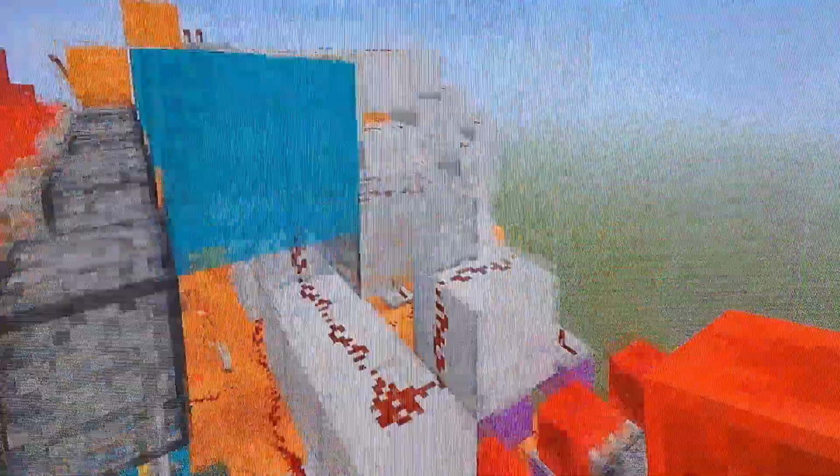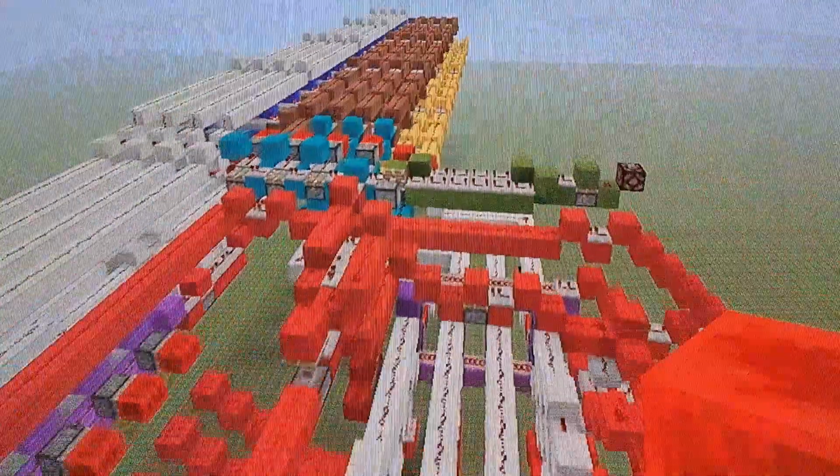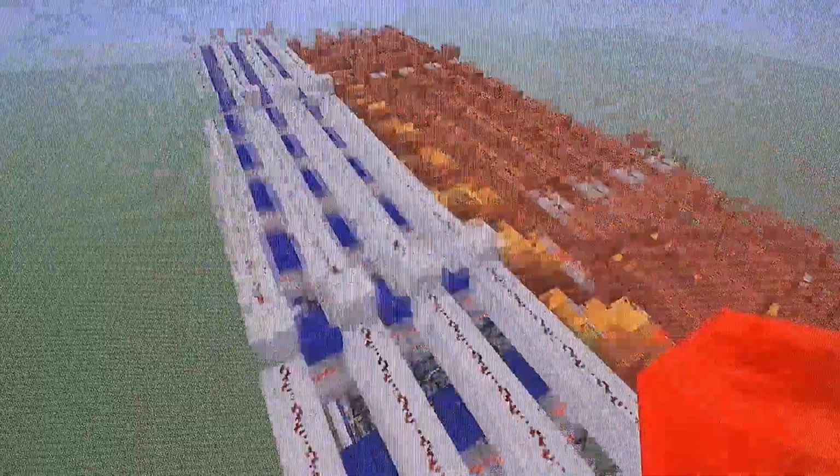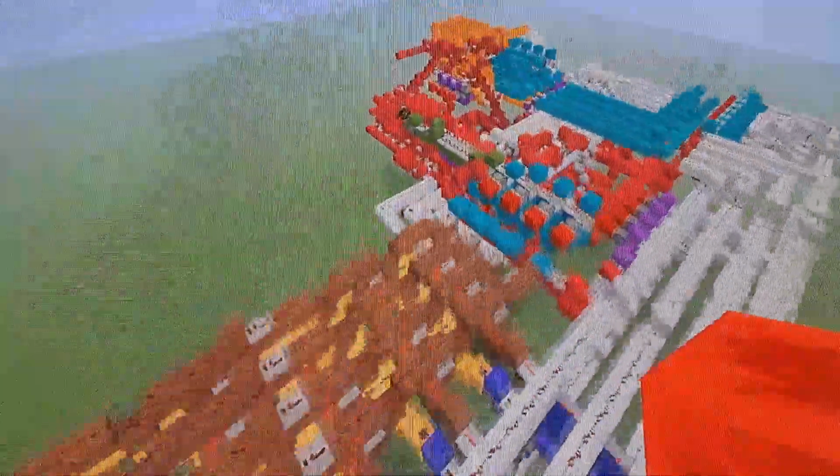Orange is the ALU. Cyan circuits are registers. And over here, brown and yellow, these are also decoders, but these just decode the memory address, and then they can read and write to memory through there.